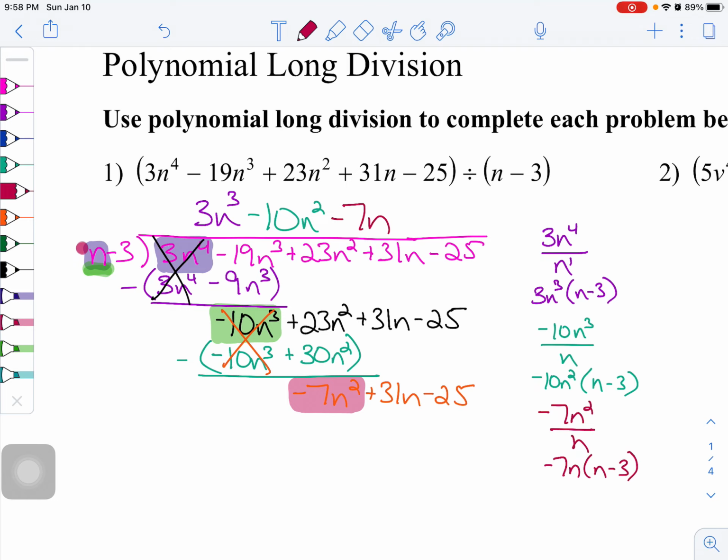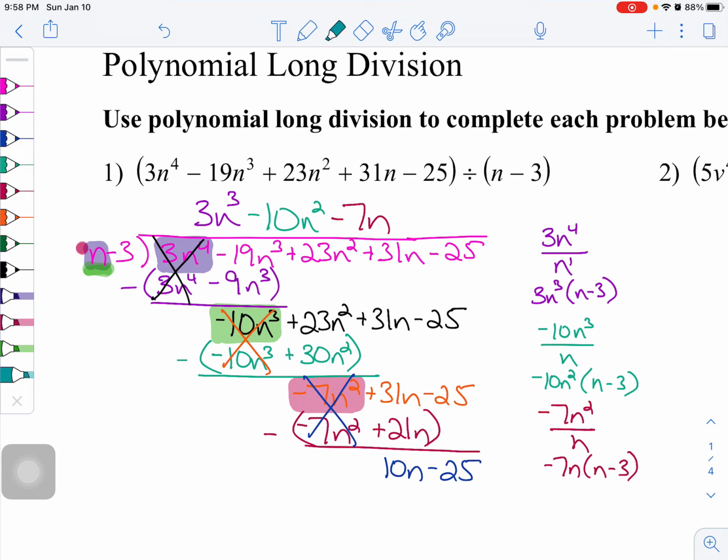So negative 7n times n minus 3 would be negative 7n squared, and then plus 21n. Subtract those terms. So let's see, first two terms cancel as they should. And then let's see, 31n minus 21n would be 10n minus 25 there.